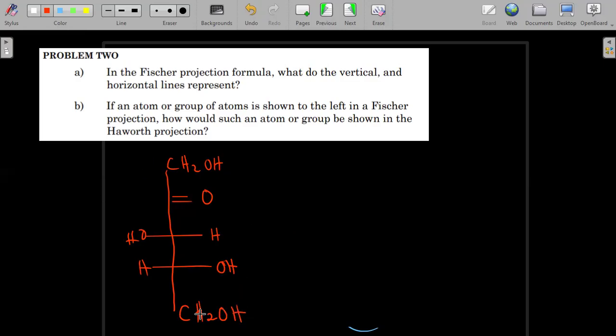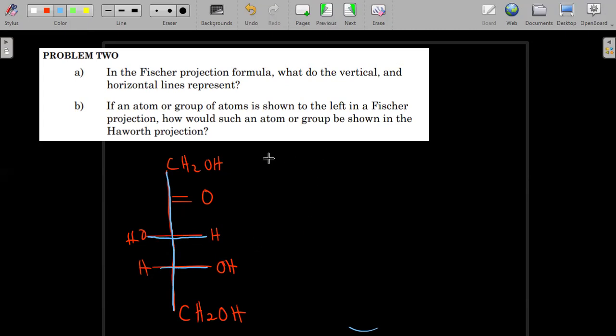Whenever you see something like this, it is the Fischer projection. So what do these vertical lines represent? And also, what do these horizontal lines represent?